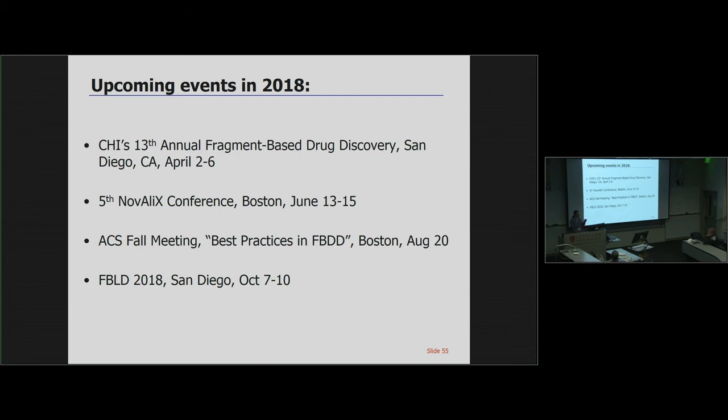And I think actually that's one thing I didn't get a chance to talk about. I think fragment screening and high throughput screening can be very complementary, because oftentimes what people have done is they'll do a fragment screen and get hits, and then look at where those hits are binding if they have access to structural information.